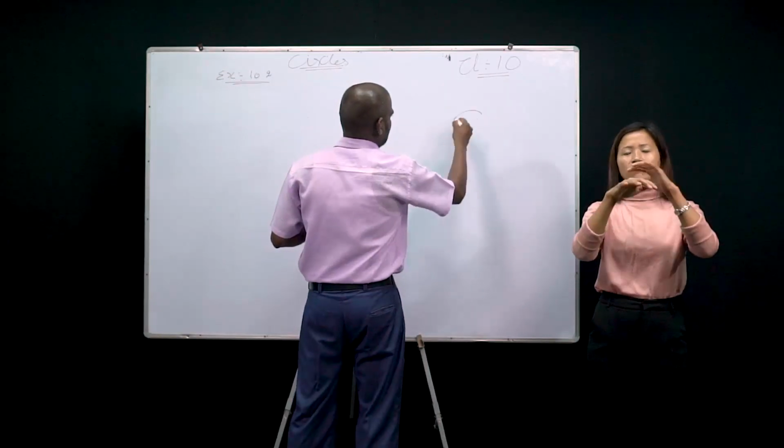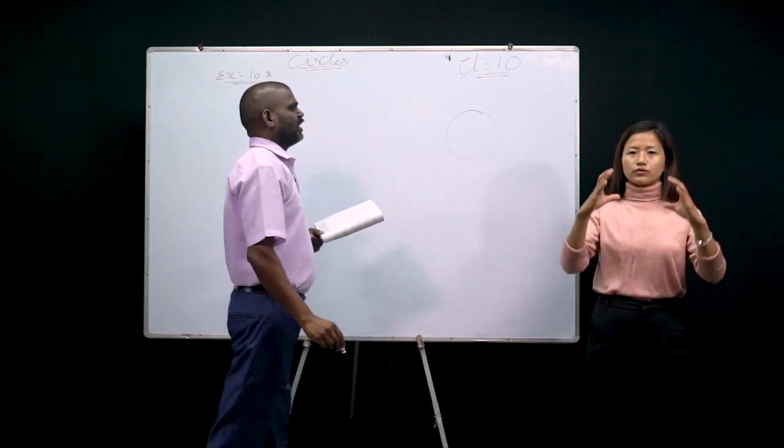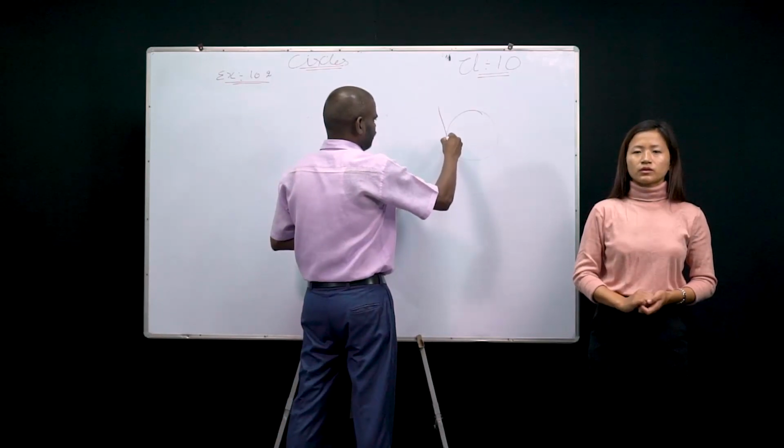So this is the circle. A quadrilateral is drawn.